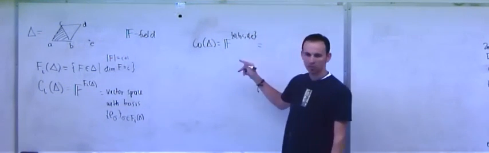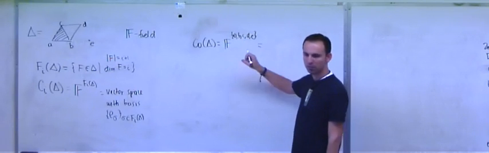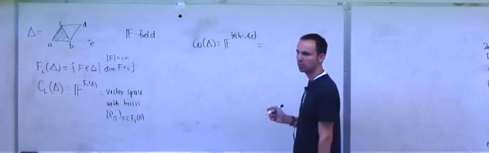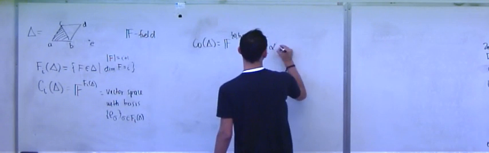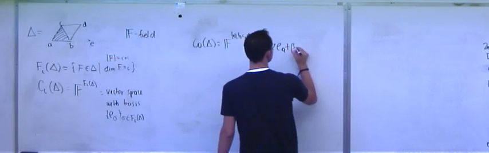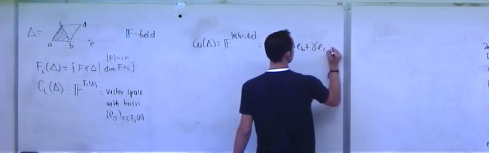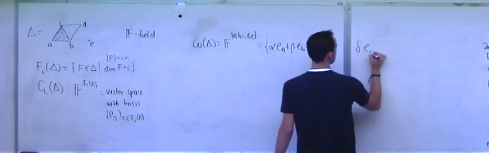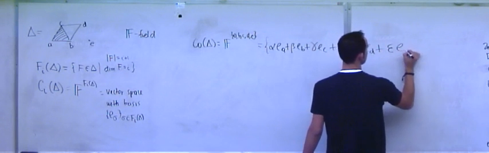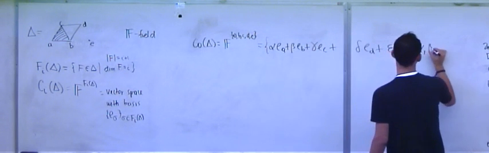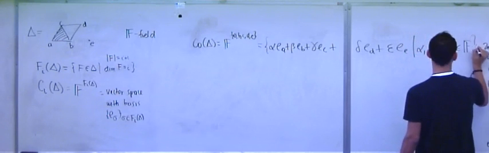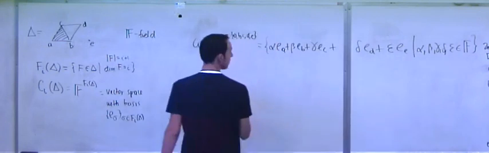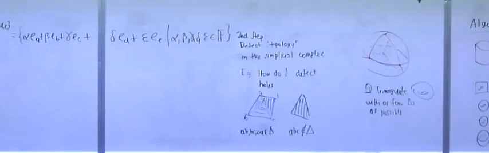And so I can think of this as either a column vector that has an A entry, a B entry, etc., or I can think of this as linear combinations of e_A, e_B, e_C, e_D. And I do it for all of them.